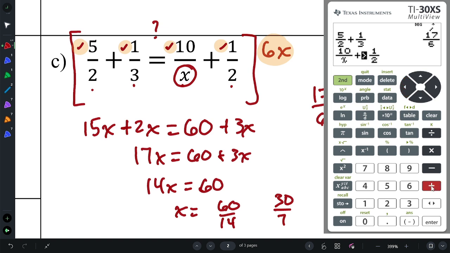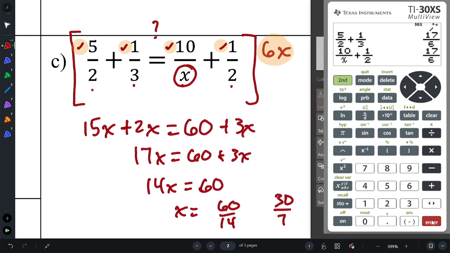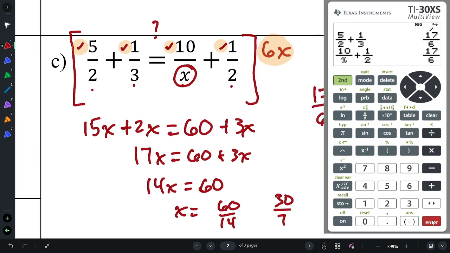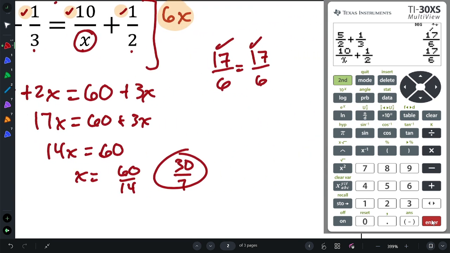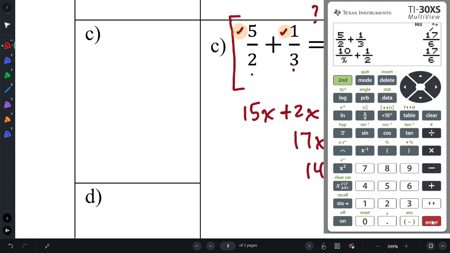Can I put a plus? There we go. And when I add a half, I get exactly 17/6. So because this value makes both the left-hand side and the right-hand side the same, I know it is a solution. Both sides became 17/6. So the answer for part C is x is 30 divided by 7.